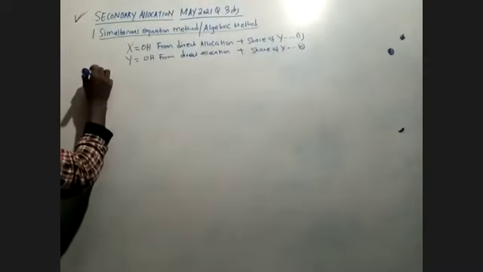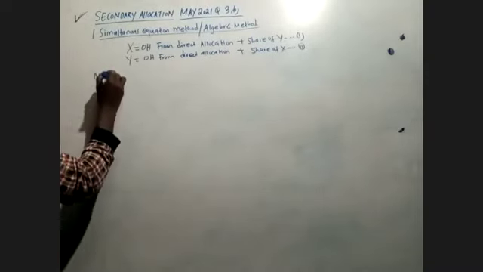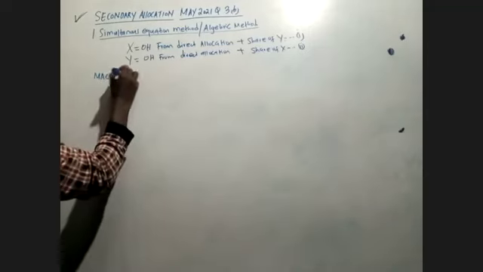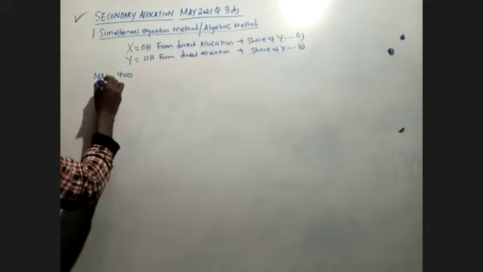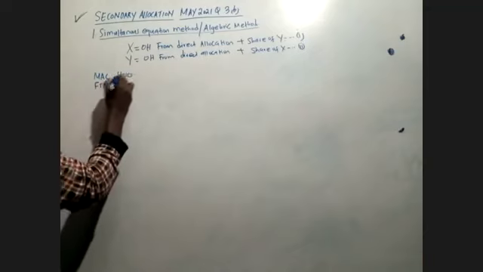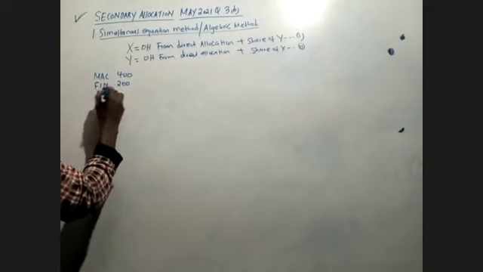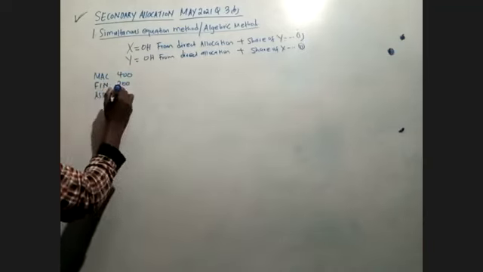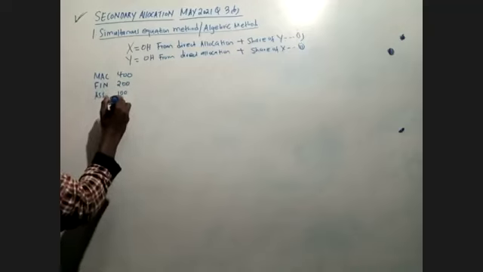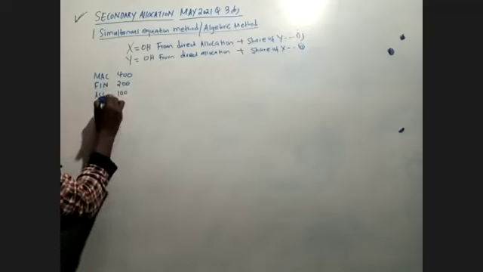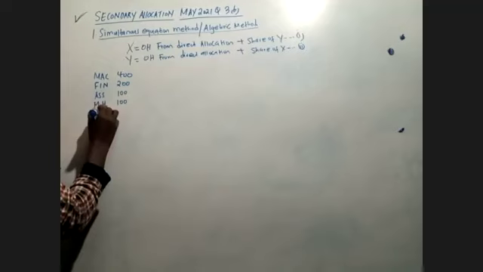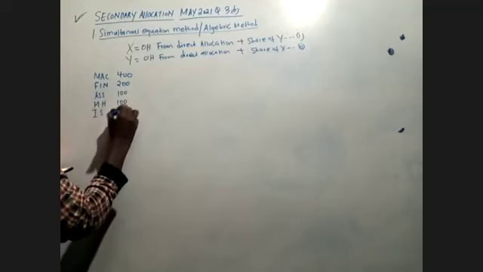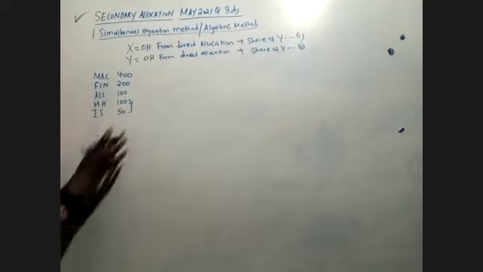So tuko na machining, wacha niite MSc, machining 400, finishing wacha niite fin 200, assembly niite 100, material handling niite MH, alafu inspection niite 50. We are supposed to allocate the two.